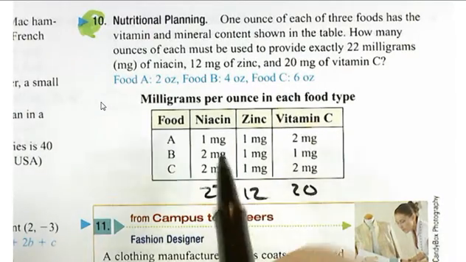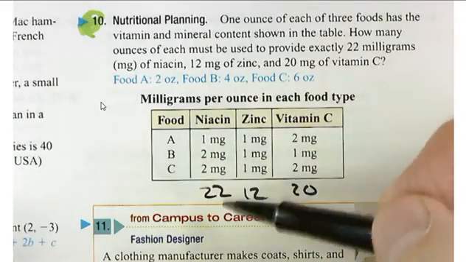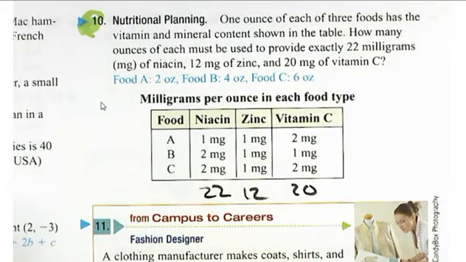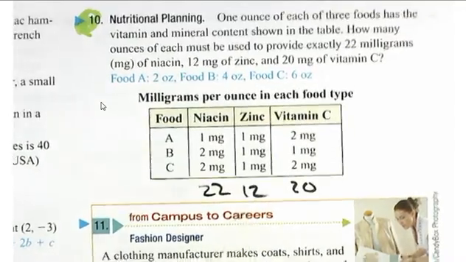So the first equation that we can get is based on how much niacin we need. We need 22 milligrams of niacin. So where are we getting our niacin?